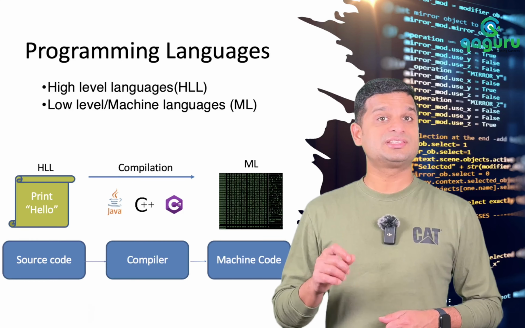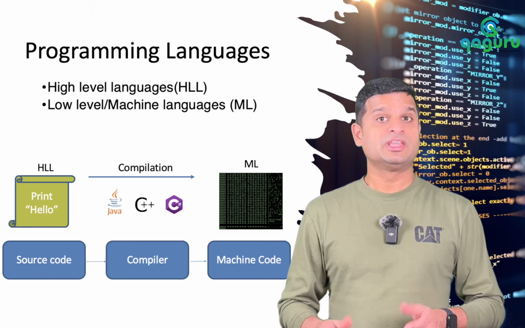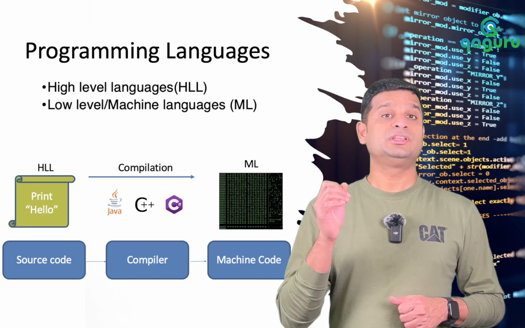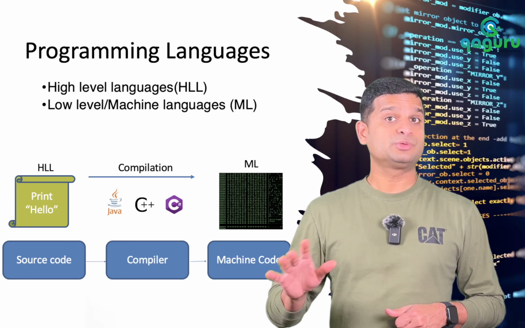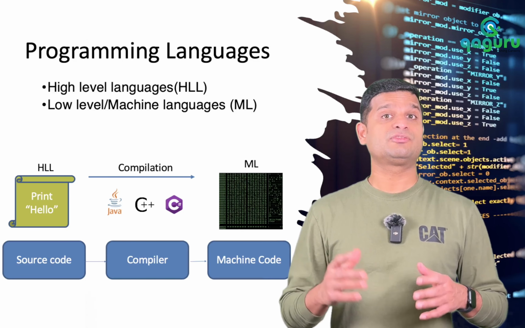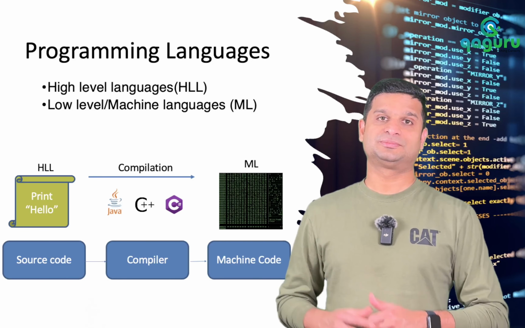For languages like C and C++, if machine code is generated in Windows, you can only execute it on Windows, not on macOS. For executing it on Mac, you have to generate the machine code with a compiler corresponding to Mac.